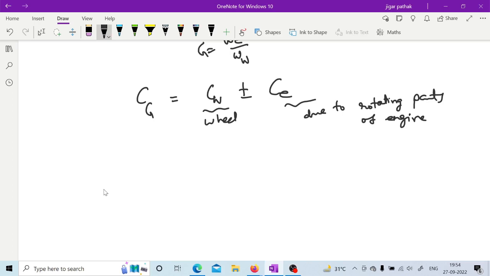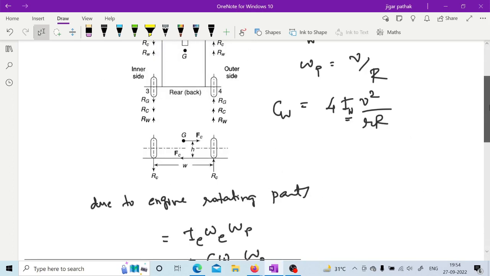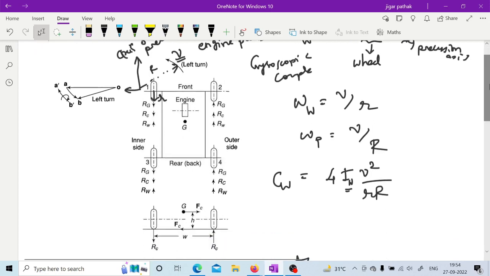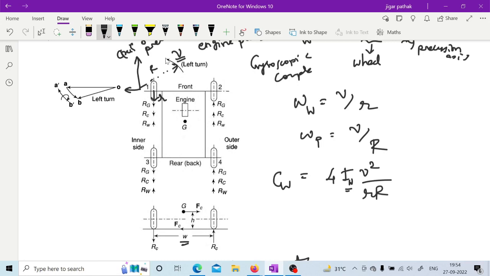Now you can also calculate the force due to this couple, Cw and Ce. For that you are provided this distance, right? If you consider forces on the outer wheel, see this is your vehicle and it is taking a left turn, so this will be considered your outer wheels, right? And this side is your inner side, so inner wheels.